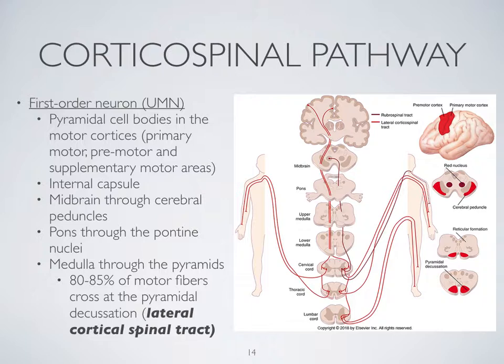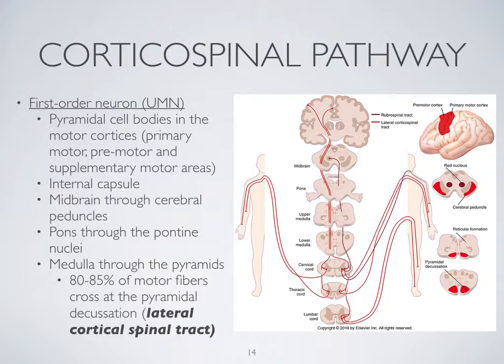And then we get to the medulla, and this is when we're going to see some changes between the anterior or ventral corticospinal tract and the lateral corticospinal tract. What happens here is when we get to that lower medulla, we're going to decussate in that pyramid structure.